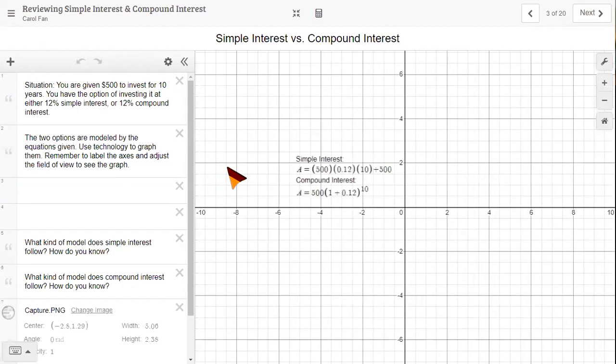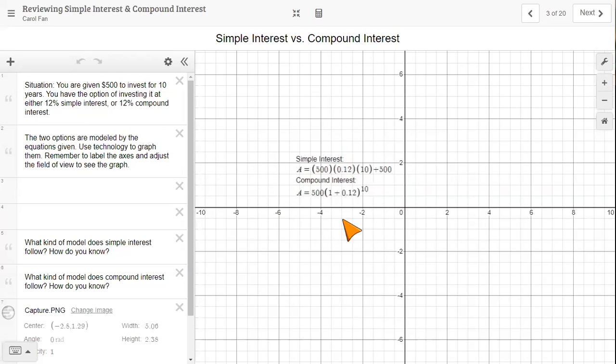Okay, on slide 3, we have the situation where you're given $500 to invest for 10 years. You have the option of investing it at either 12% simple interest or 12% compound interest. The two options are modeled by the equations given.